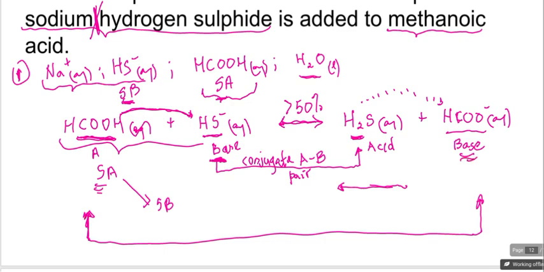Over on this side, a species that looks almost identical to it, with the only difference being the extra H added on, is acting as an acid. Those two are virtually identical, and the only difference is one of them has an extra H plus compared to the other. So those two are also called a conjugate acid-base pair. So we have two conjugate acid-base pairs in this acid-base reaction.